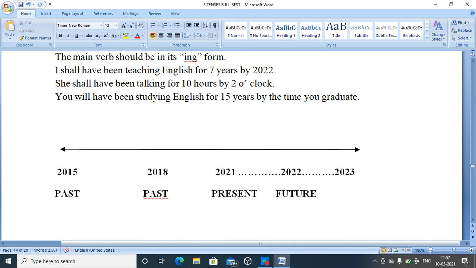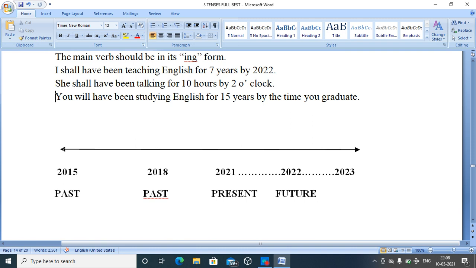Let us take the diagram-based representation. You take this 2015 as a past definite point. 2018, for more clarity, I take another past definite point. But the action is going on. It is not ended here as we represented in past perfect continuous. If in that case it ended here, we just marked down this present time period for clarity.